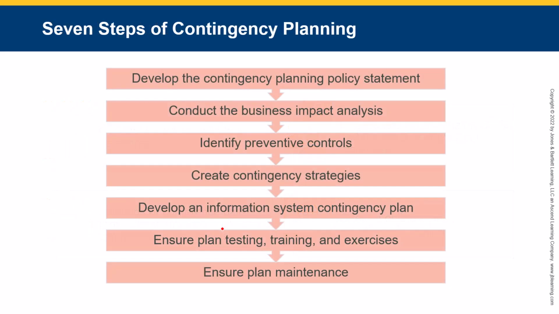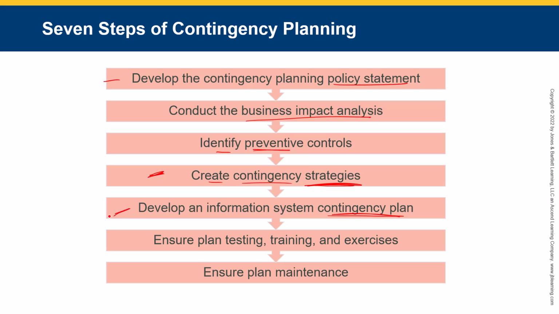What are the 7 steps for our contingency planning? Develop the policy statement. Conduct the BIA. Identify preventative controls. Create the contingency strategy. Develop an information system contingency plan. This is a strategy.